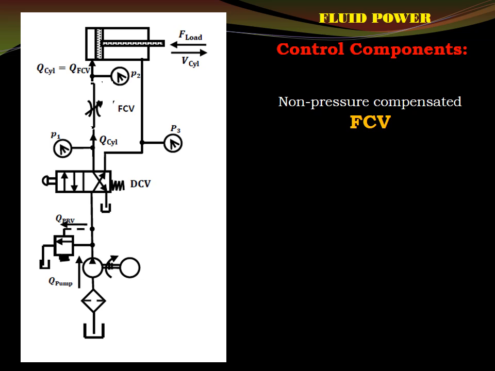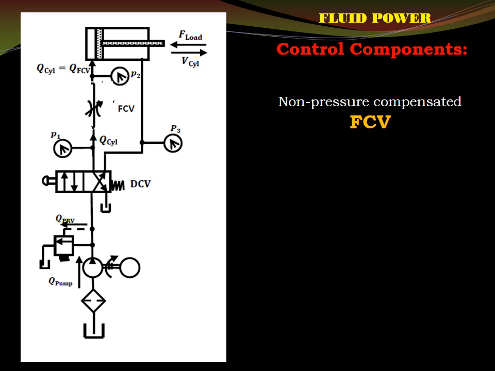Here is the application of non-pressure compensated FCV. Still, I have not discussed why it is called non-pressure compensated type, but its construction we have come to know. Application, very simple: pump set, a DCV, and there is one linear actuator.